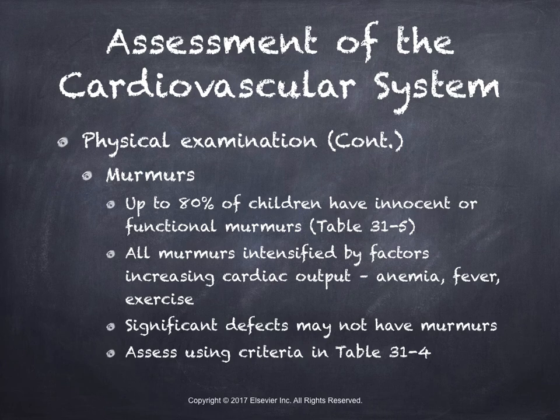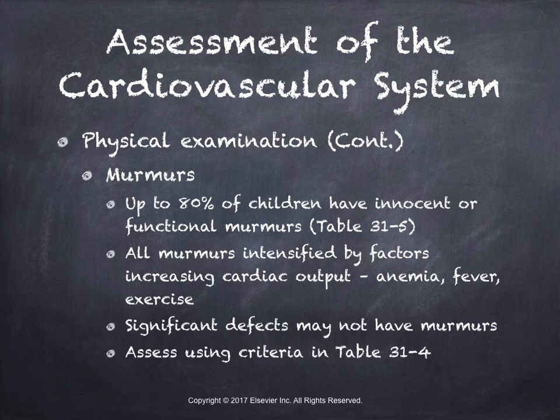Just the process of the blood going through can cause a sound that will be a murmur. Fever, which increases cardiac output, can also cause a flow murmur, and so can exercise.